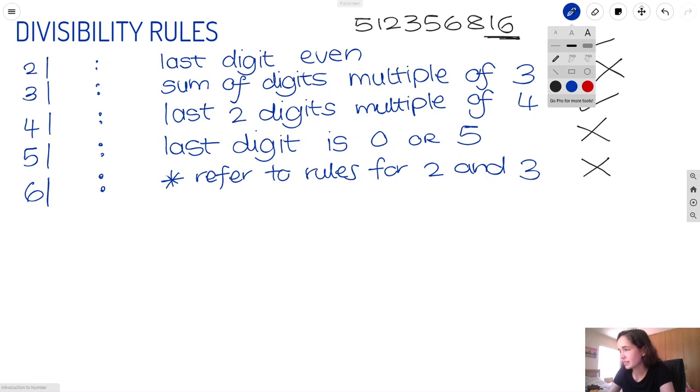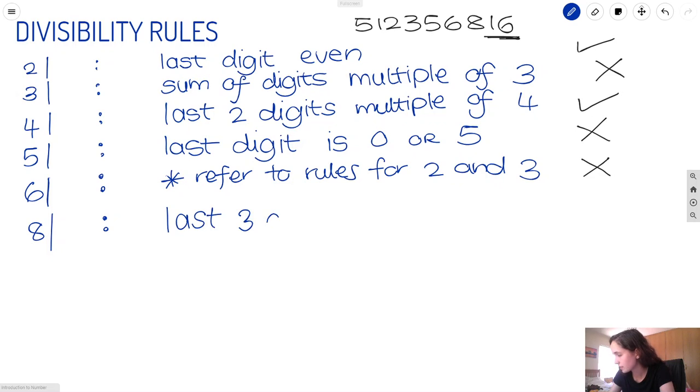For 7, there isn't a very nice rule. You can go look online at some more of the rules. The rules for 7 are just a bit harder to remember, so I'm not going to cover it now. For 8, it would be the last 3 digits being a multiple of 8.